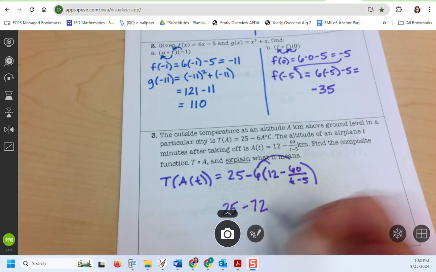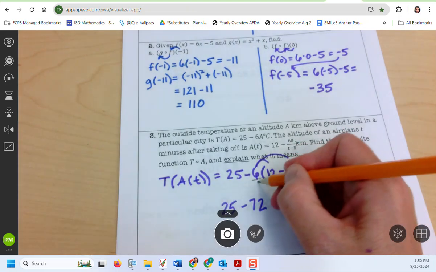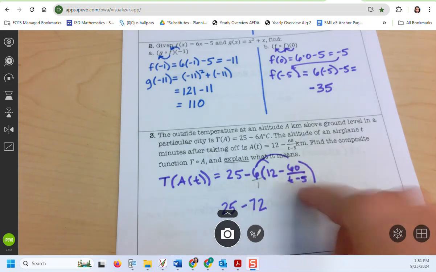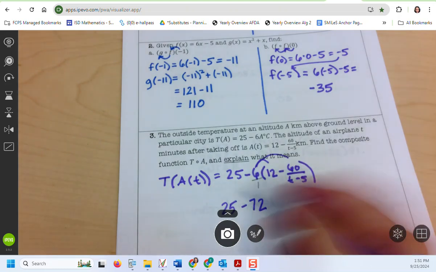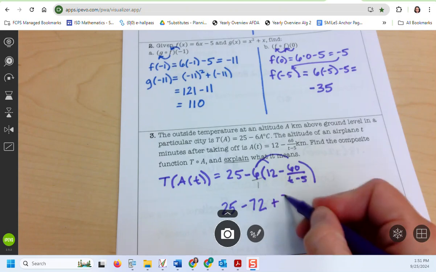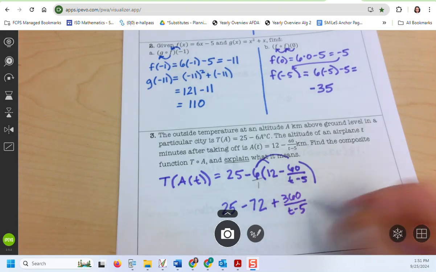minus 72. When I multiply negative 6 times the fraction, remember that if you don't have a denominator, your denominator is 1. So don't multiply the 6 in both numerator and denominator, only on the top. And I have negative times negative, so that's going to make positive 360 over t minus 5.